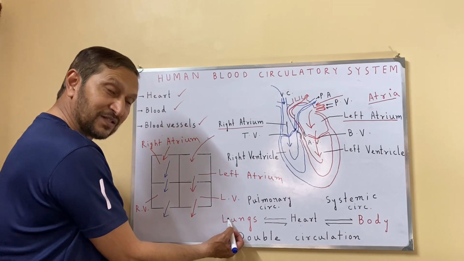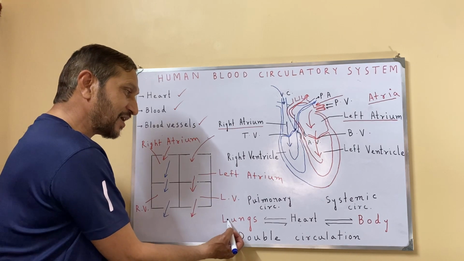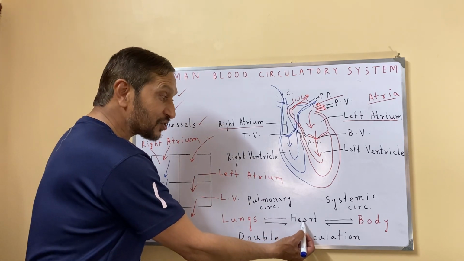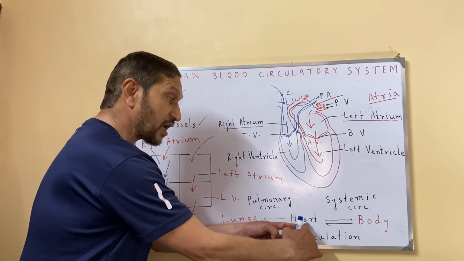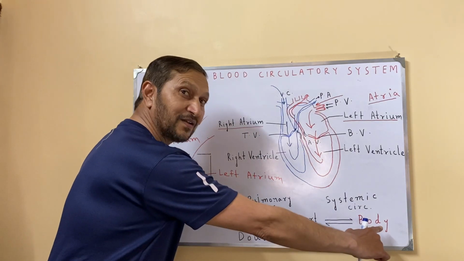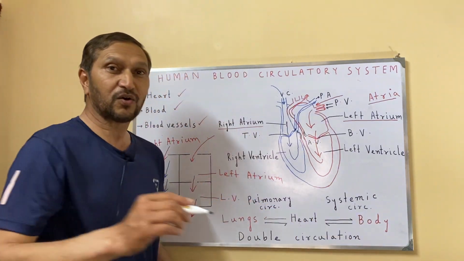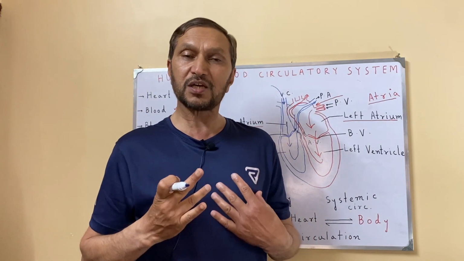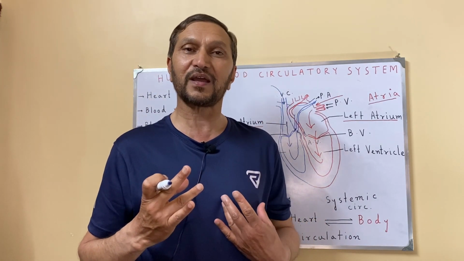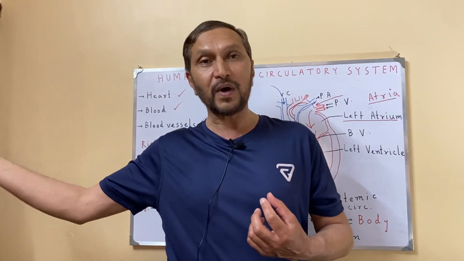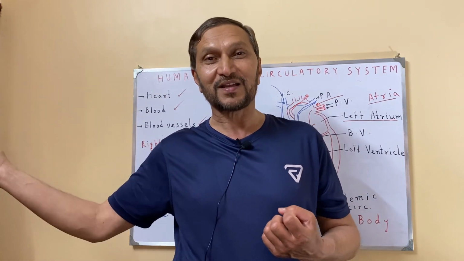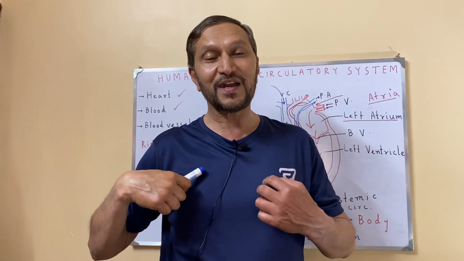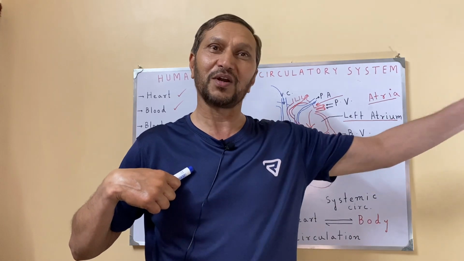And in the lungs, the oxygenation takes place, and the oxygenated blood is sent back to the heart, and then the heart pumps this oxygenated blood to the body. So the heart is the central organ. On one side, the heart is receiving oxygenated blood from the lungs and sending it to the body.